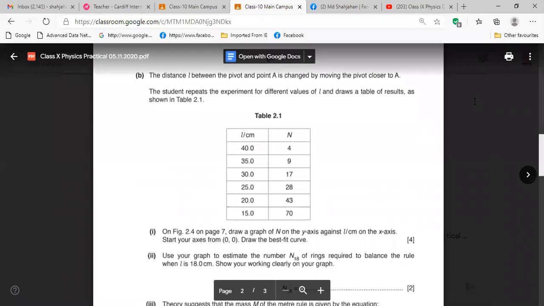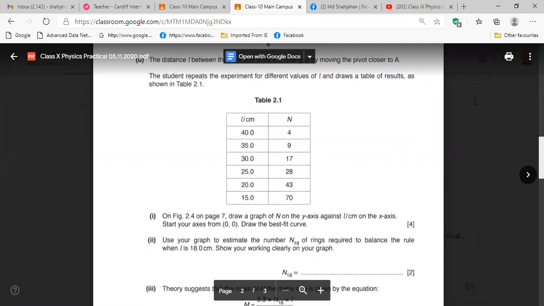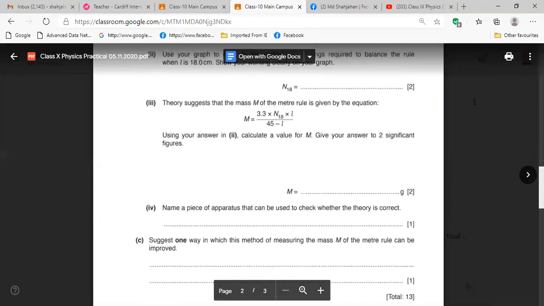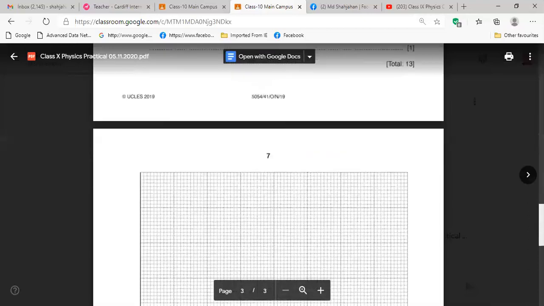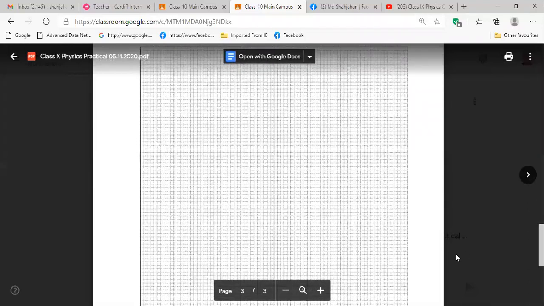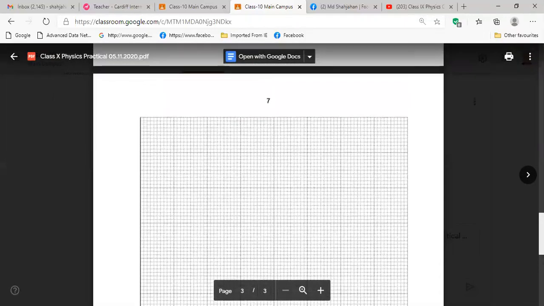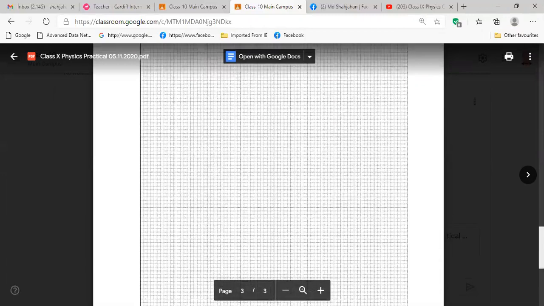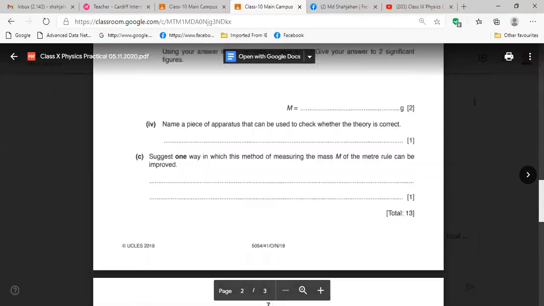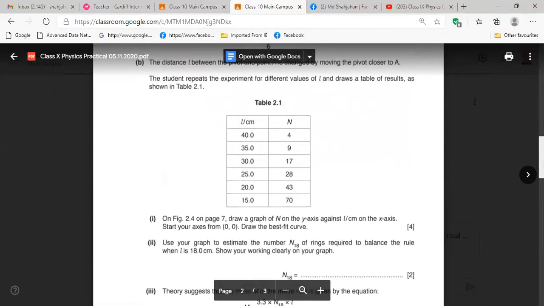Okay, now we have to draw the graph. Are you ready with your graph paper? Everyone? Here is the graph paper. Are you seeing the graph? Yes, sir. Okay, so we have the length and number of rings.